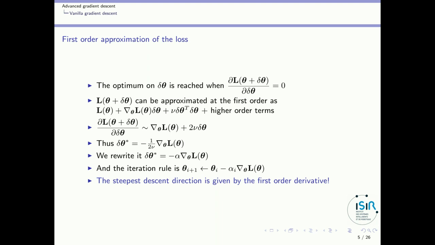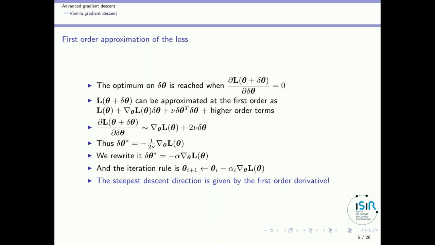Now, if we take the derivative of this formula, we get this. Here there is no delta theta, so it is removed. This one just gives a constant here, and this one just gives 2 nu of delta theta. So when this derivative is null, you have this equals 0, so we get delta theta equals minus 1 over 2 nu times the gradient of loss of theta over theta.